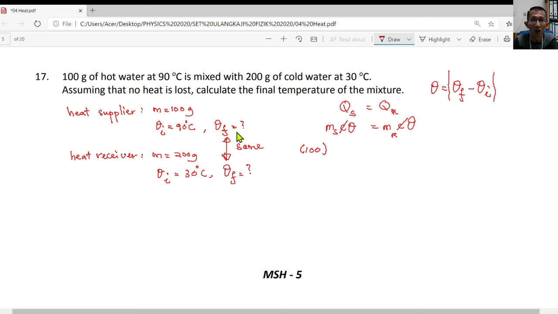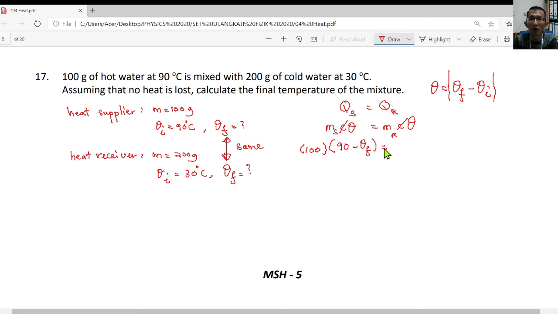So a smaller number minus a greater number, you will end up with a negative value, right? So I am going to reverse this to make it positive. So I will write here 90 minus the final temperature, so that I will have a positive value here, because I do know that my final temperature will be lower than 90 degrees.